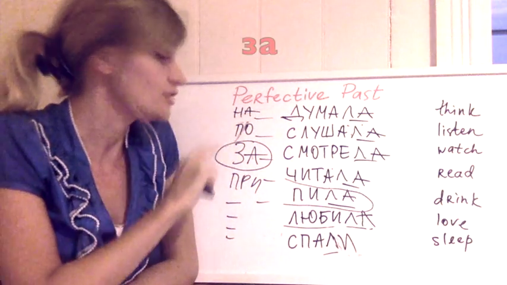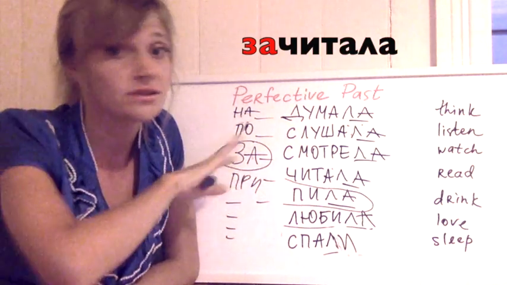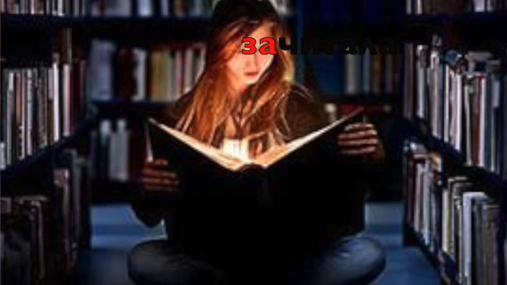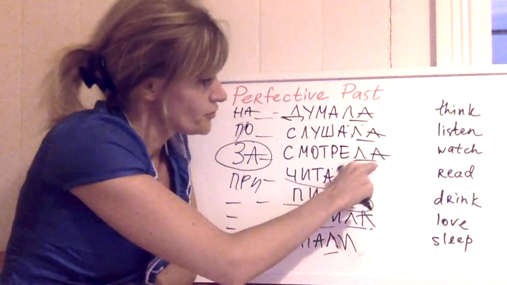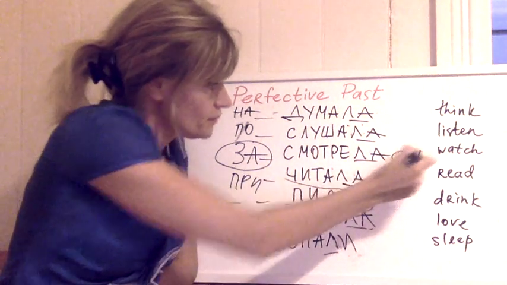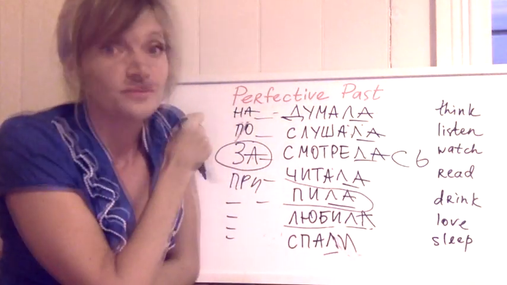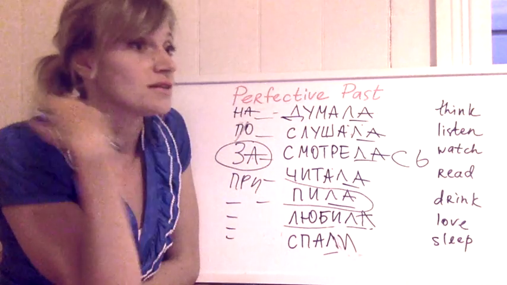This book from new, it looks now like it's 2 centuries old because я зачитала. Several times went through it. So interesting. And then with the за again, you can put reflexive verb, and reflexive for feminine is gonna be ся. Let's say заслушалась. It was so good that я заслушалась.